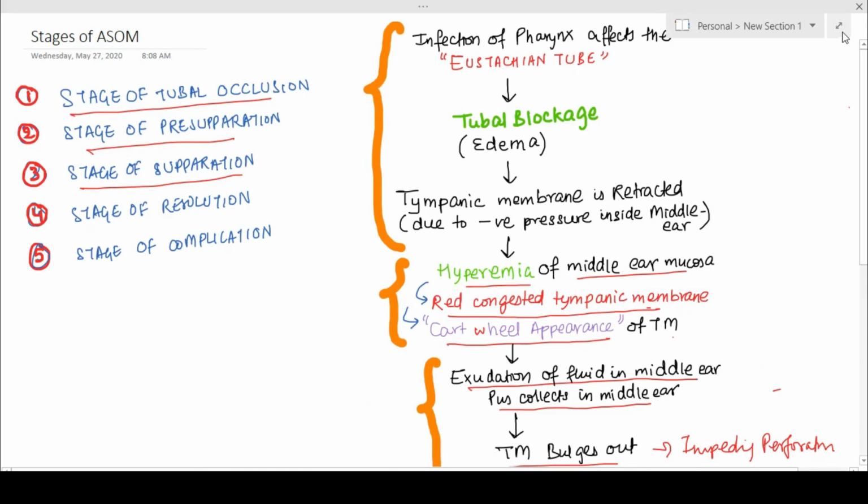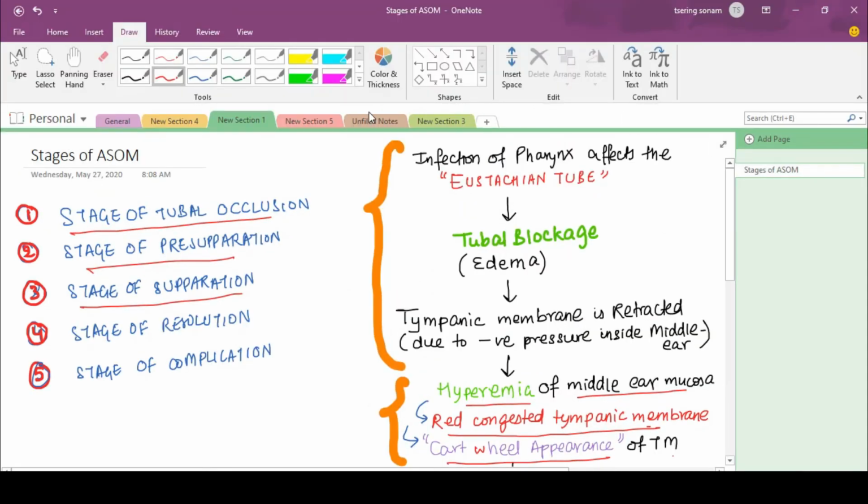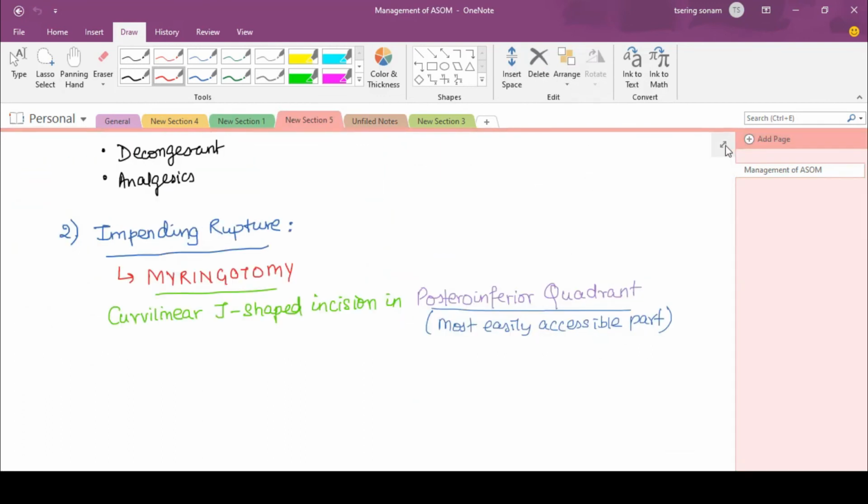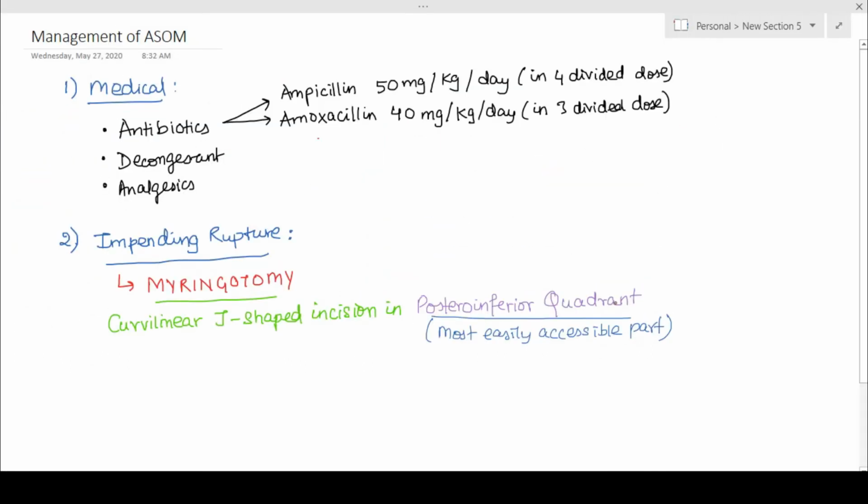How do we manage a patient of ASOM? It is very easy. If the patient presents to you in the pre-suppurative stage or in the early suppurative stage, there is hyperemia, there is congestion, and there is little pus formation, but there is no bulging tympanic membrane and no impending rupture, then we can simply go for antibiotics, like ampicillin or amoxicillin, and we can also give nasal decongestants.